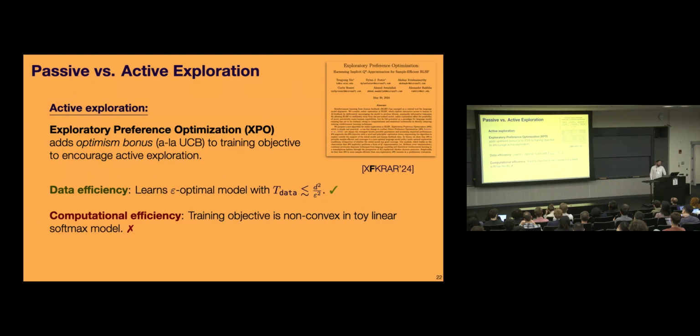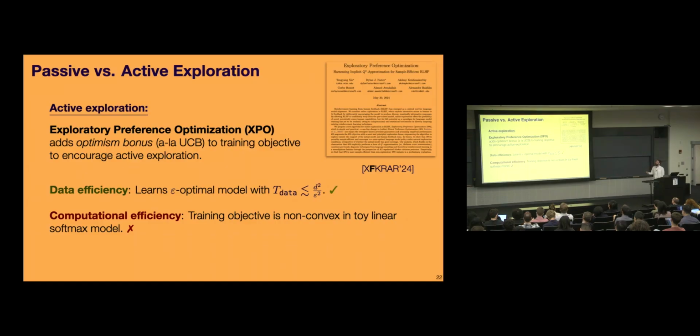If you look at algorithms with provable guarantees for this toy setting, the main one I'm aware of is an algorithm we call exploratory preference optimization. This is from a paper we did about a year ago. The details of this one are not going to be super important for this talk, but the basic idea is to augment these policy optimization algorithms with a bonus that encourages exploration.